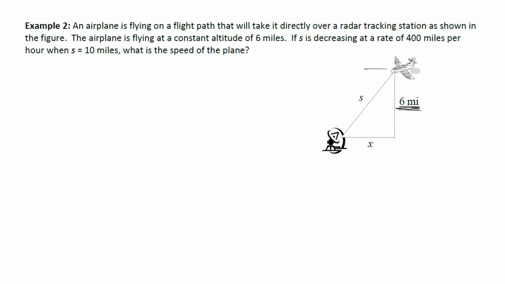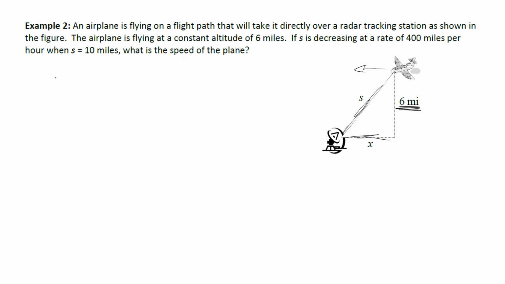Okay, so obviously as the plane goes this way, this s distance and this x distance are going to begin to decrease. The x distance will go down and the s distance will decrease until it's vertically right above it, and then it will begin to increase once again.